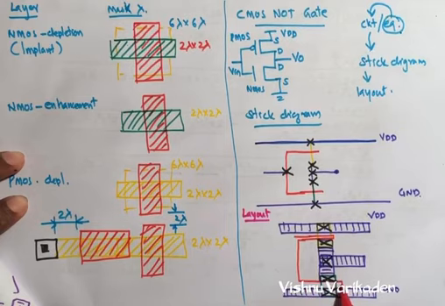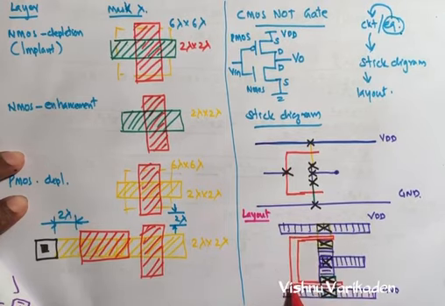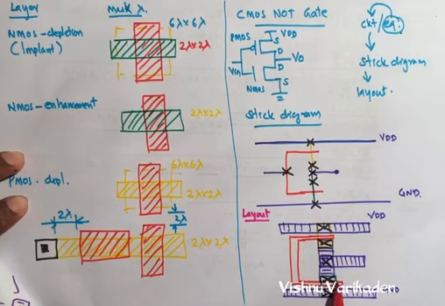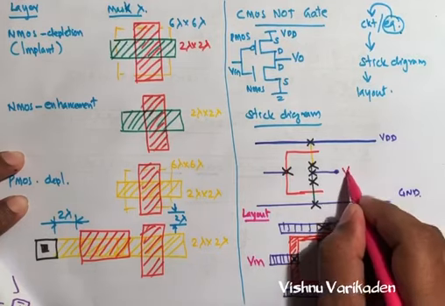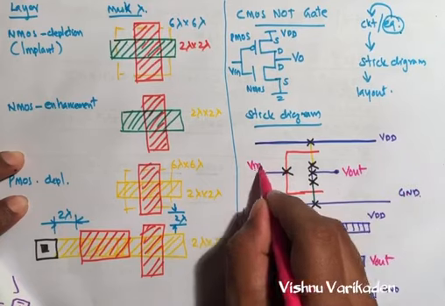I think the picture is getting small. So we can make enough space between this. So just crossing the point, we can get the layout of this one. So we can make another metal, this is the input. So making the contact. So this is our Vin, this is our Vout.